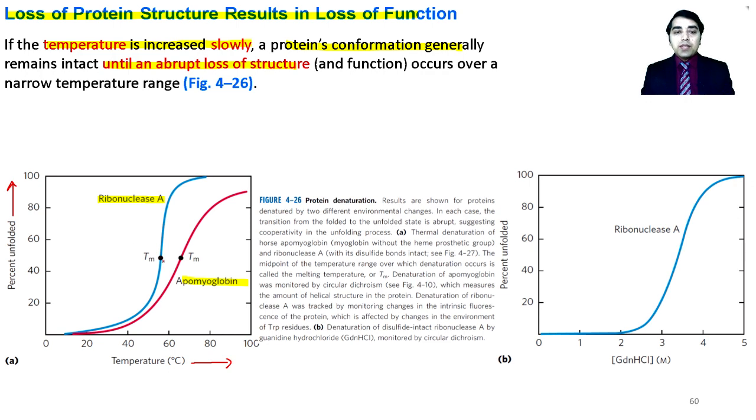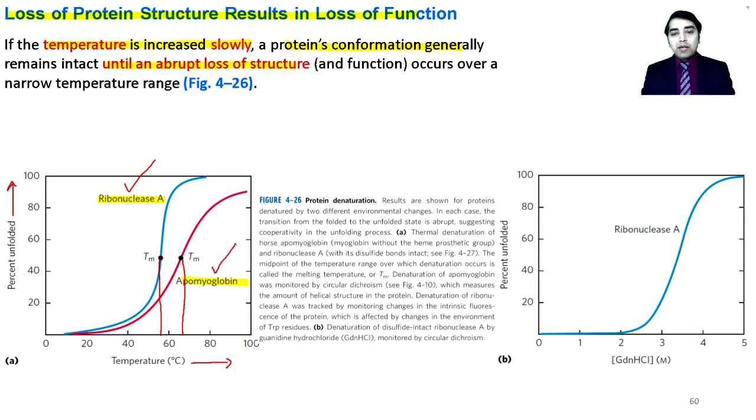Tm is the temperature at which the protein is misfolded or denatured. We can see ribonuclease A is misfolded at a temperature around 58, while the Tm for apomyoglobin is around 64 degrees centigrade. In this way, we can know that ribonuclease A is more susceptible to the increase in temperature as compared to apomyoglobin.